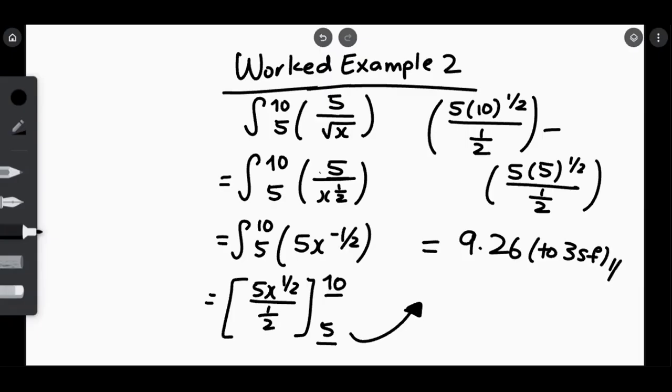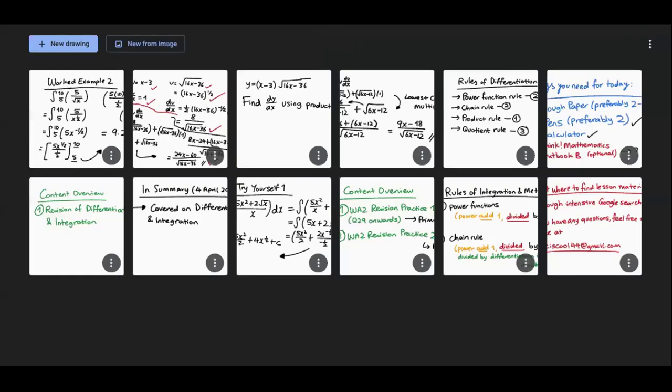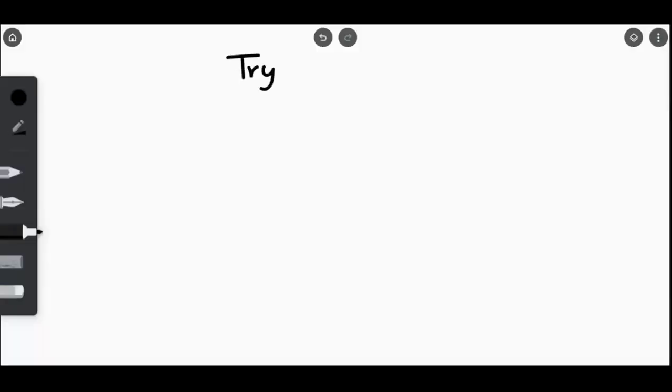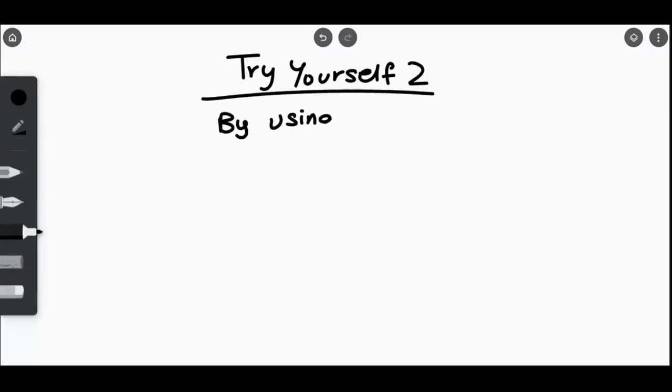Okay, understand? Alright, let's try one question and I think we can call it a day. Okay, this will be try yourself too. Okay, this one is by using matrices and basic.